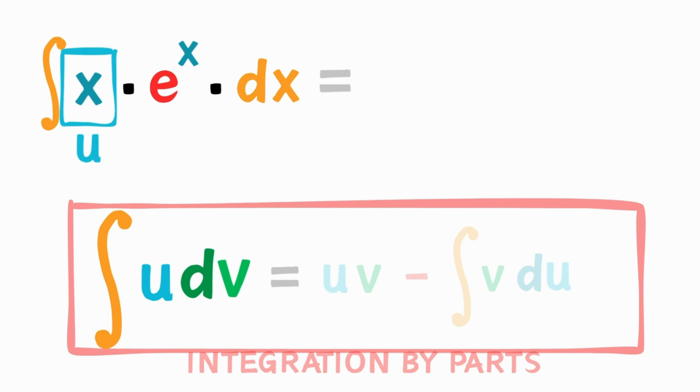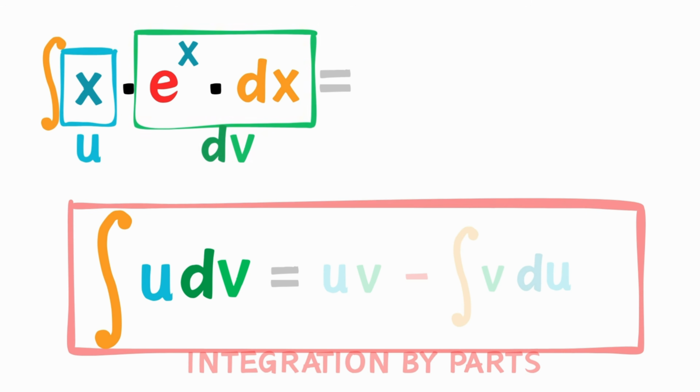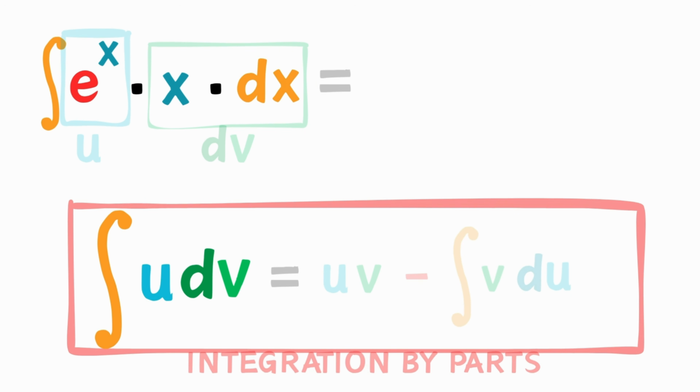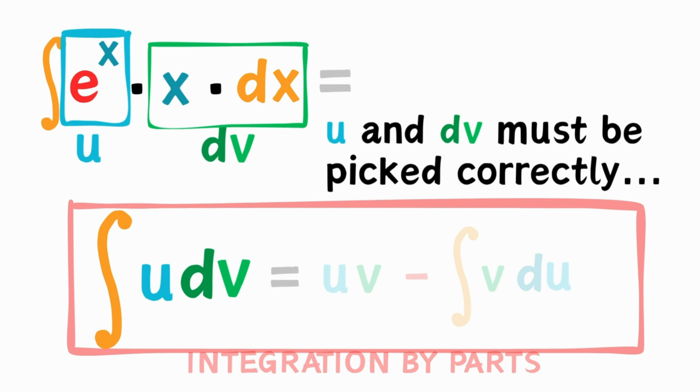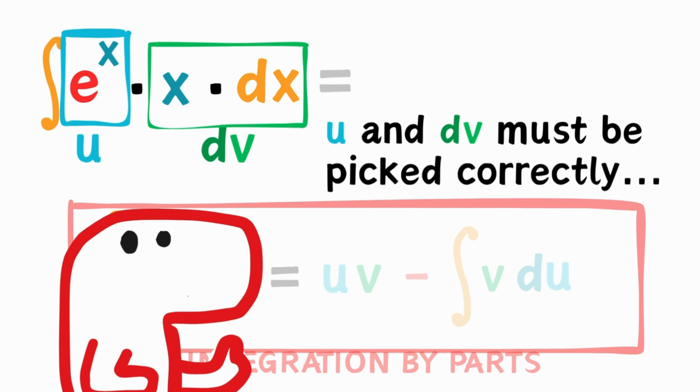One of these will be set to u, and the other will be paired with the dx to become dv. But we're multiplying, so we might have picked e to the x as u and x dx as dv. The only problem is that u and dv must be picked correctly, or else it won't work. You'll find out why later in the video.